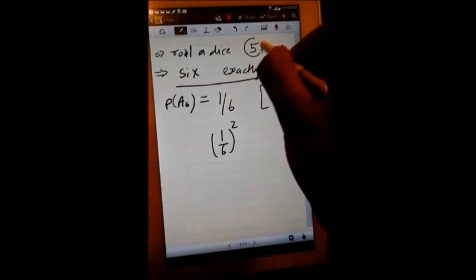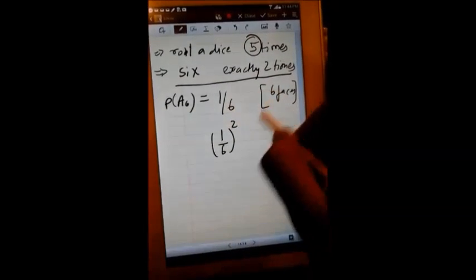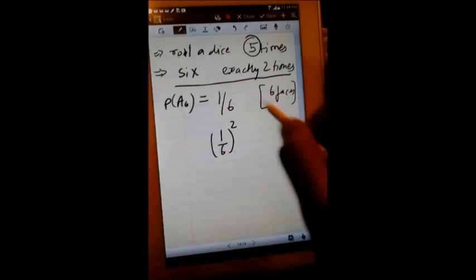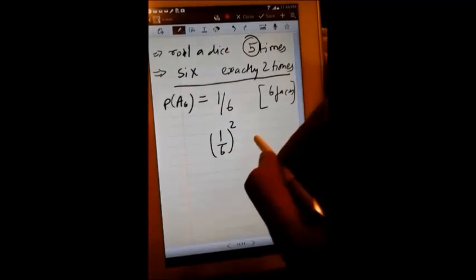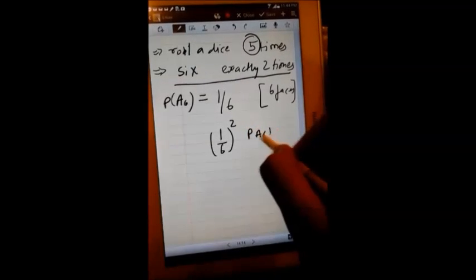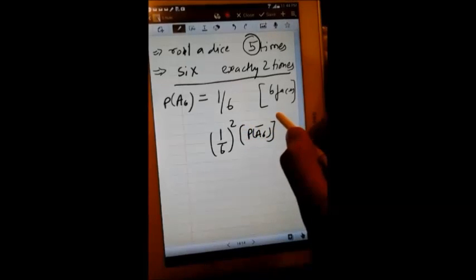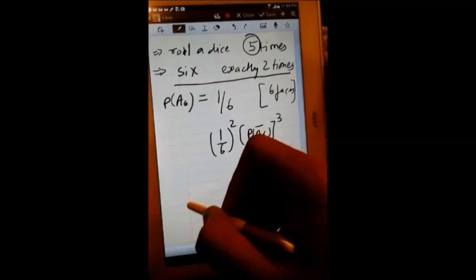But we have 5 trials. Therefore, in the other 3 trials, the other events will occur, that is probability of 6 bar. This will occur the other 3 times.